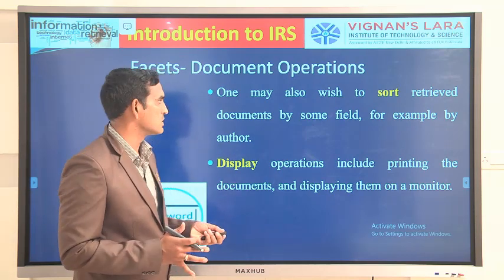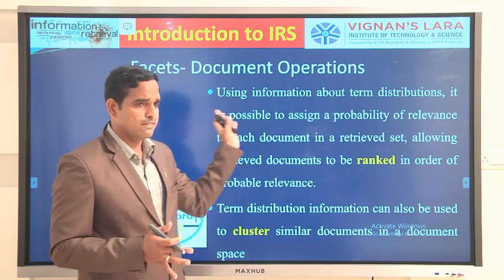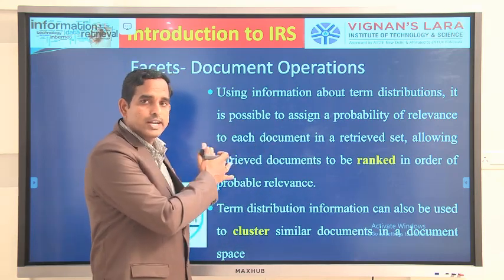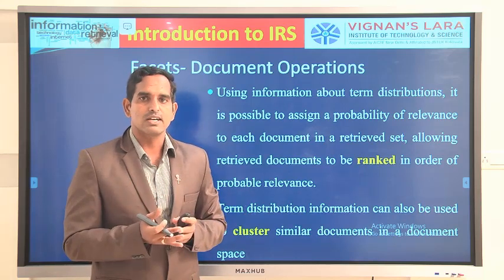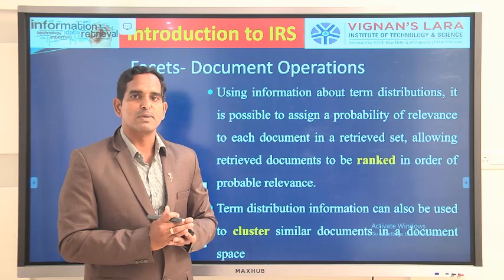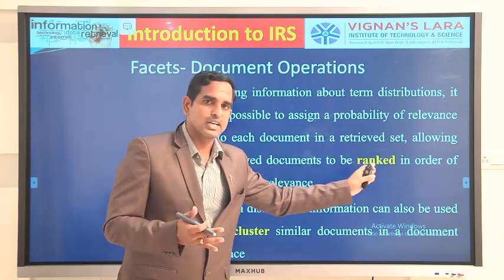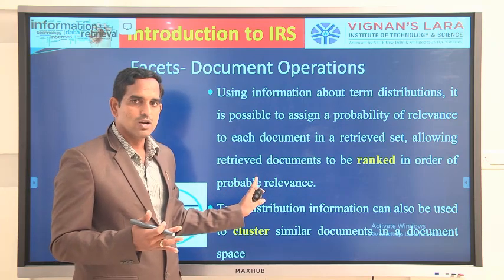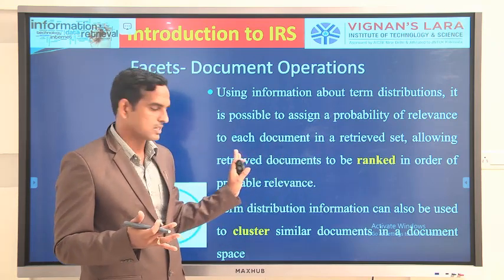Next, based upon the information I have already told you regarding the ranking algorithm, based on the information present in the document and the frequency of the particular words present in the document, you could be ranking your documents according to the relevancy of a particular search.